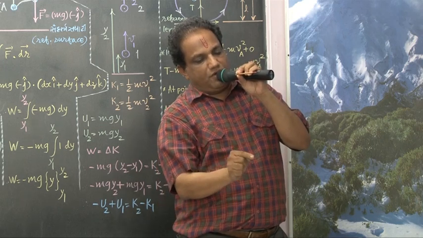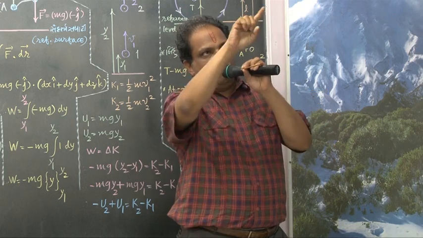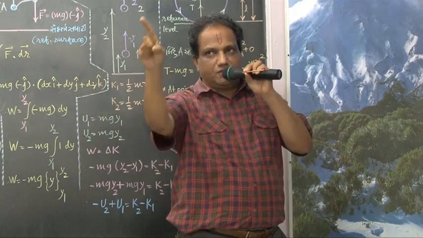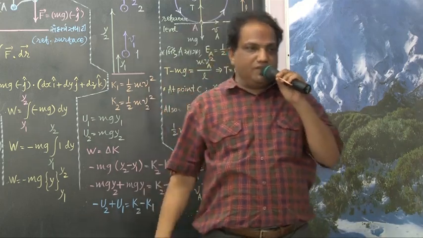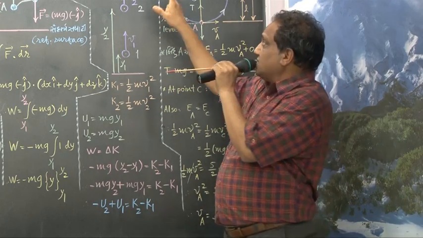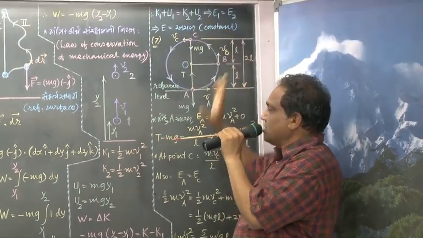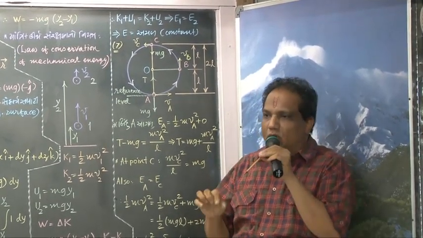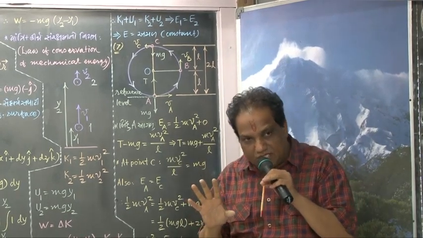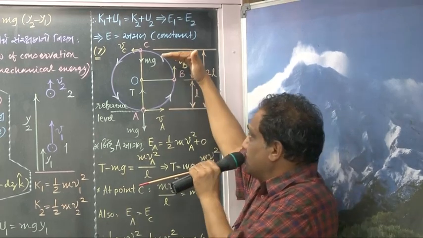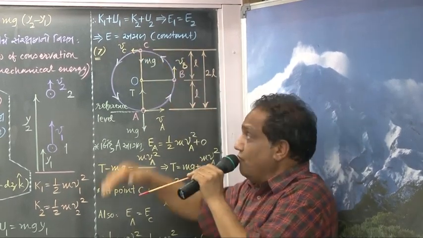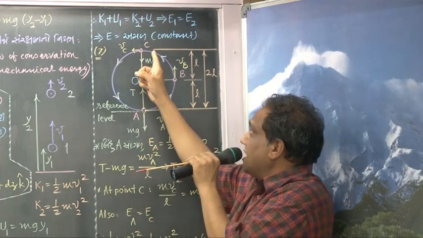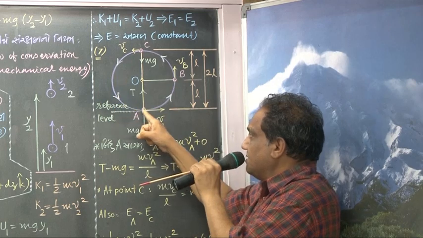Then what happens? That body barely finishes the circle. Barely finishing the circle means when it is coming here, its velocity is almost 0 but slightly greater than 0, such that it can finish the remaining half of the circle.